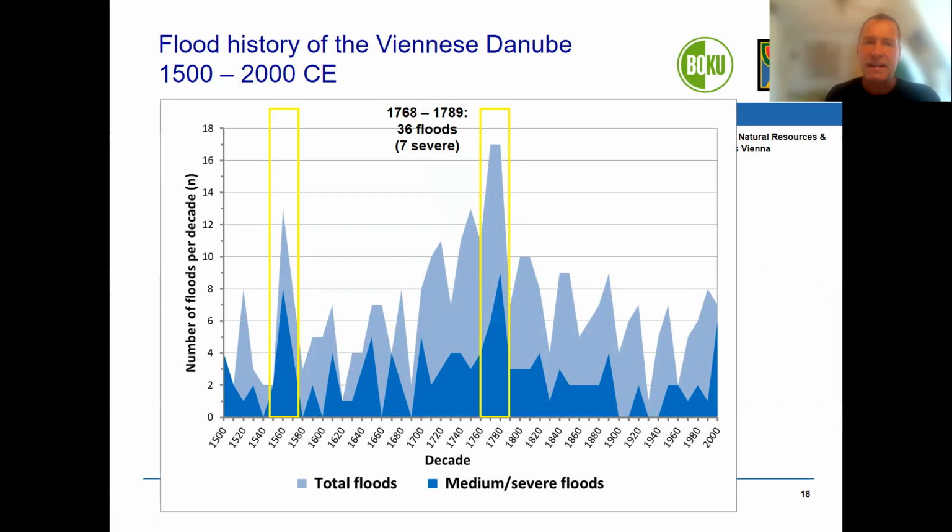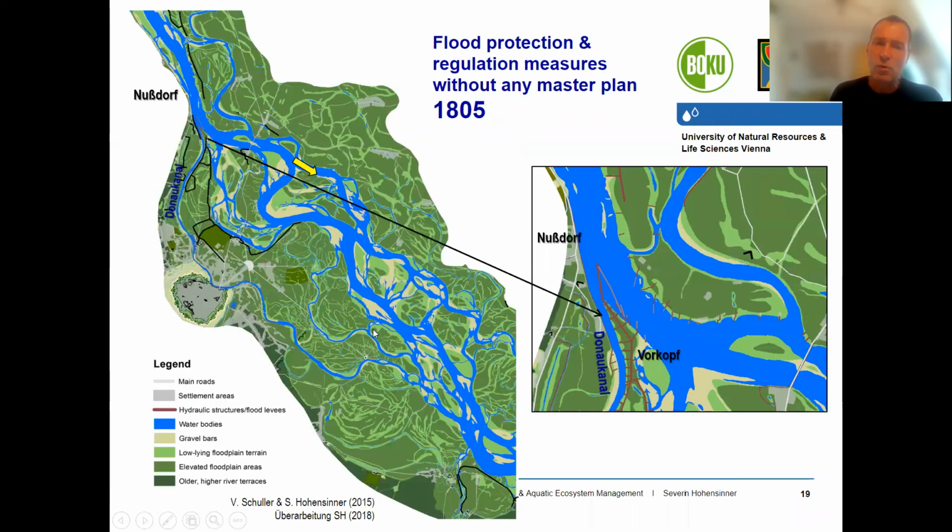Between 1768 and 1789, there were 36 floods recorded. Seven of them were real catastrophic floods. And so the authorities were forced to go forward with the construction of flood prevention dikes, the black lines, and additional regulation measures, as you can see here in the detail.